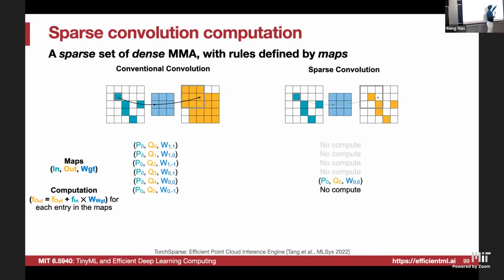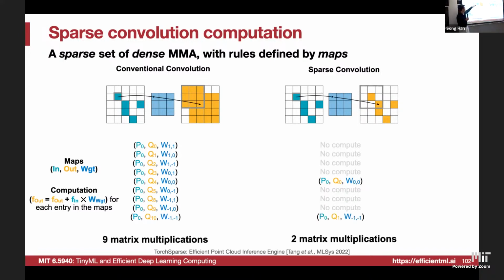But if you move to here, there's nothing here, so you don't do any computing. So this gives the difference among these 9 elements. 100% of them need to be calculated for dense convolution, but only a subset needs to be computed for sparse convolution, since out of this window size of 9, only 2 of them need to be computed.